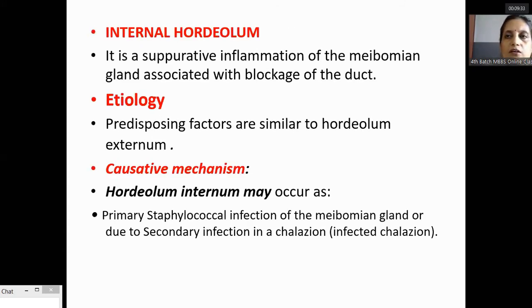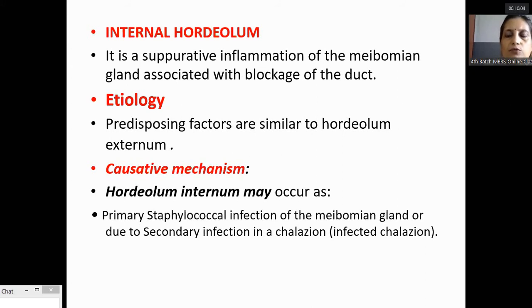So internal hordeolum is a suppurative inflammation of the meibomian gland associated with blockage of the duct. Predisposing factors are similar to hordeolum externum. As for the causative mechanism, hordeolum internum occurs as a primary staphylococcal infection of the meibomian gland or due to secondary infection of a chalazion.